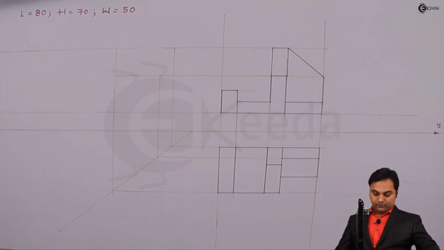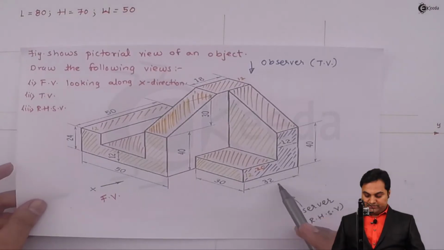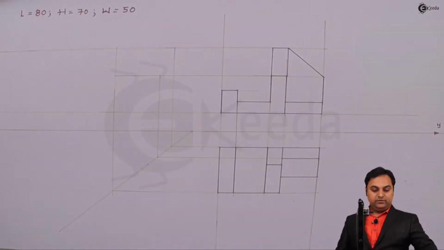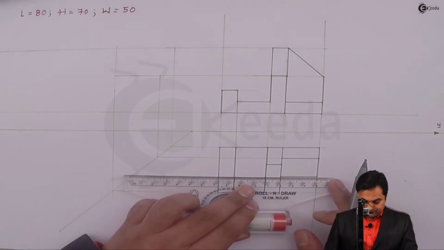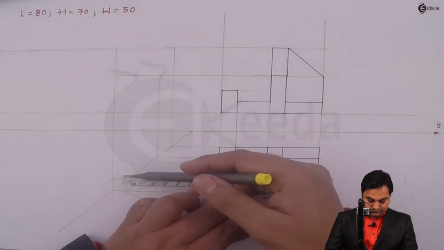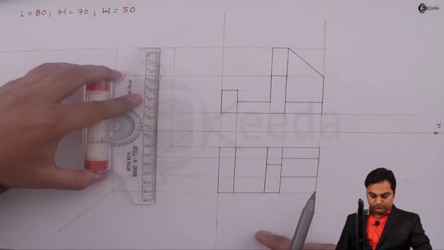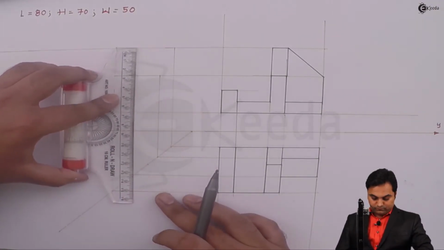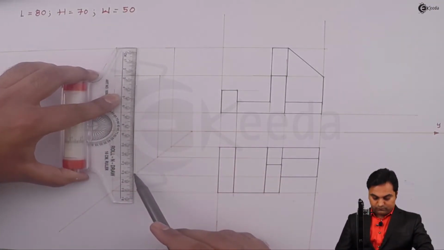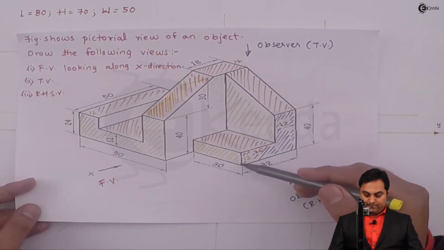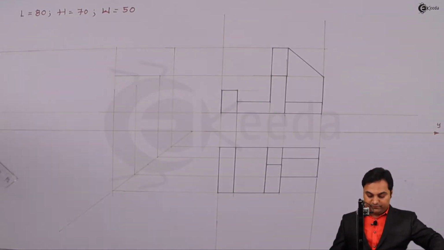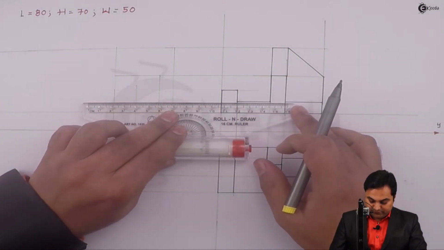Next, as this portion is having a width of 32, that width of 32 I can get it from the top view. And here it is having a height of 12 mm. So that 12 mm I can get it directly from the front view.